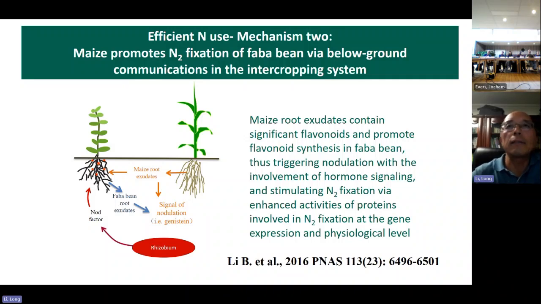Maize root exudates contain significant flavonoids and promoted flavonoid synthesis in faba bean. Therefore, triggering nodulation with the involvement of hormone signaling and stimulating nitrogen fixation will enhance the activity of proteins involved in nitrogen fixation at the gene expression and the physiological level. That result was published in PNAS in 2016.